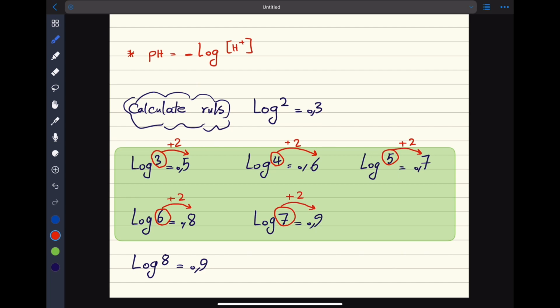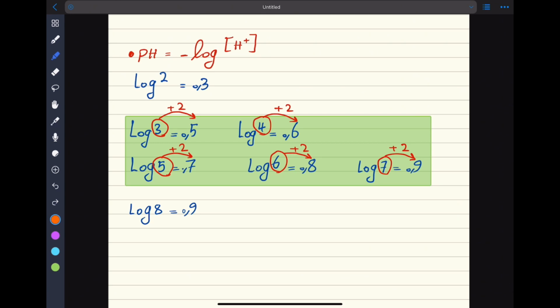This is exactly what we need to solve acid and base questions. Except for the numbers 2 and 8, the logarithm of all the numbers I wrote is obtained by the same law that I said, plus 2 and 1 decimal place. I think it's time to solve some questions.